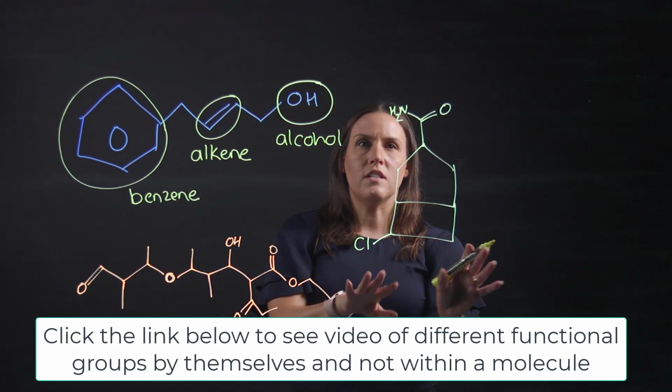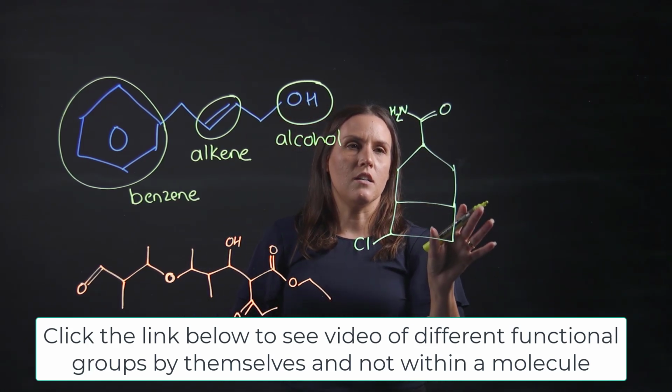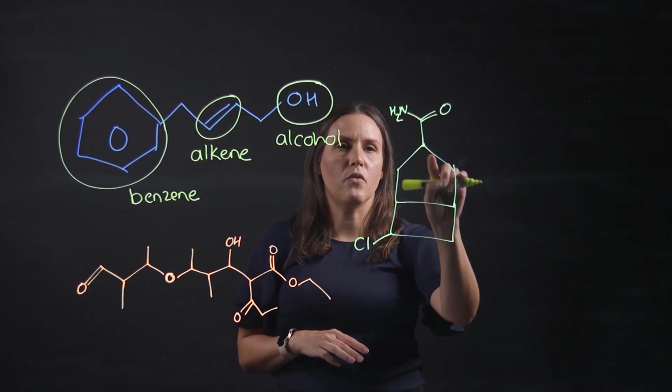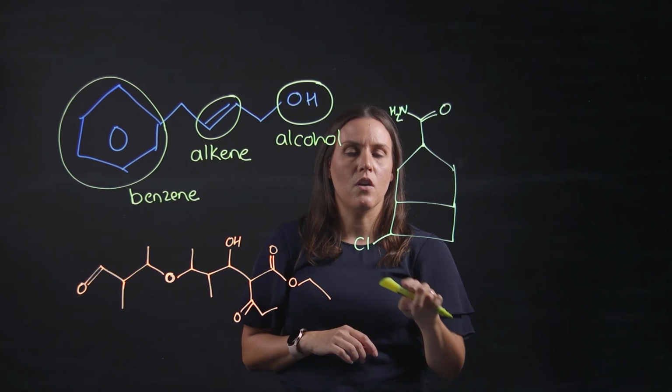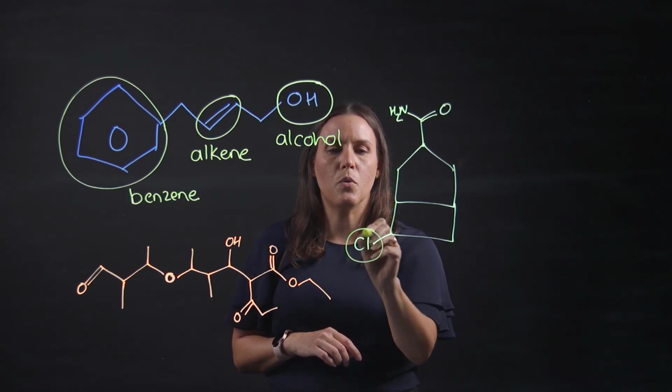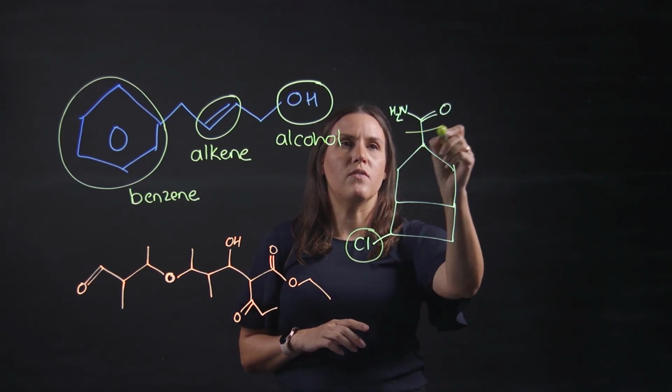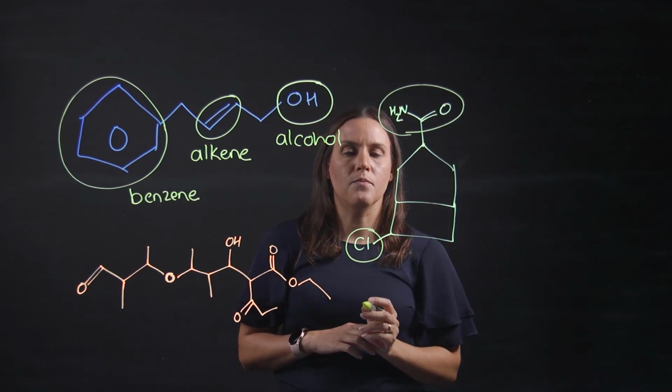So if we move across to this greenish coloured compound, you can see we've got a 5-membered ring and we've got a 4-membered ring fused to it. We've got a chlorine coming off the bottom, and then we've got this functional group coming off the top here.